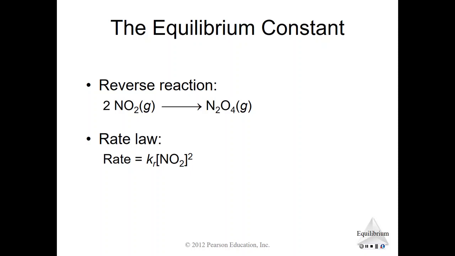Sorry, guys. So if that's your reverse reaction, what I like to do is say this. Here's the forward reaction. That's the forward, so it's KF. And then for the reverse, I'm just going to keep it the same, and then just reverse my arrow.